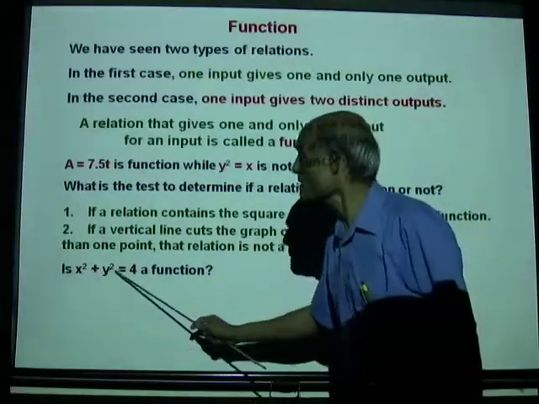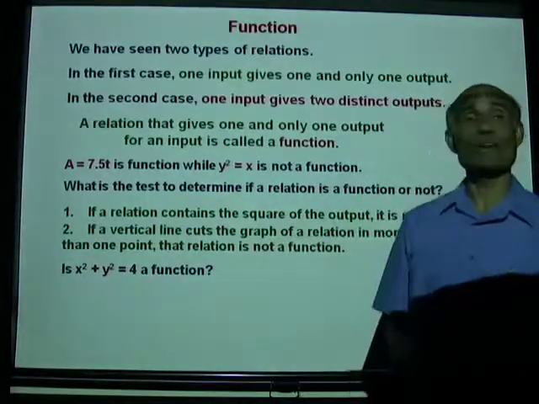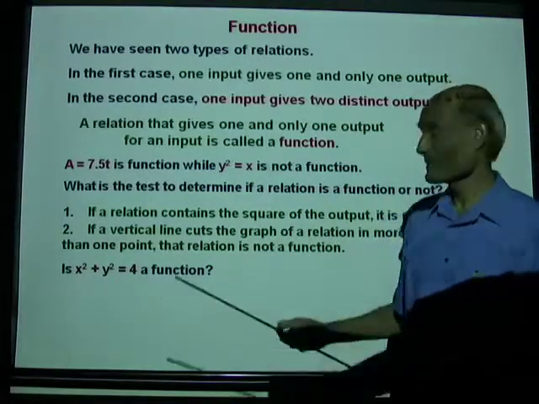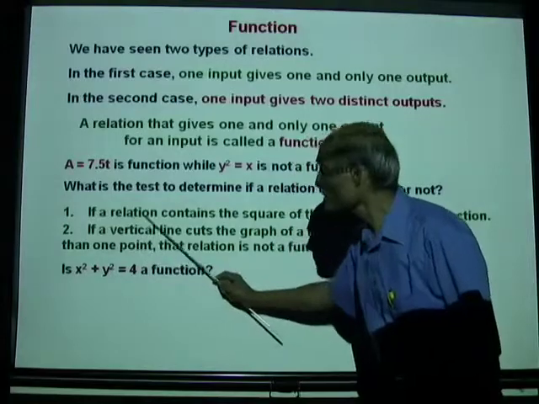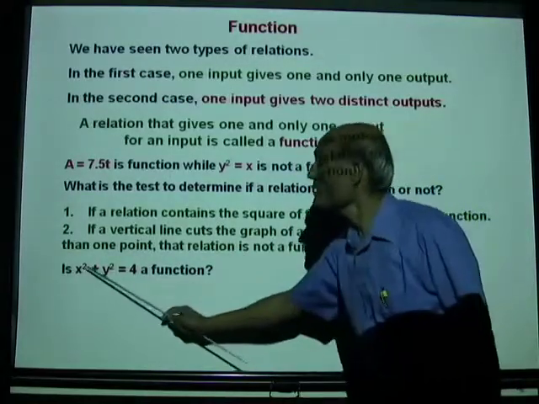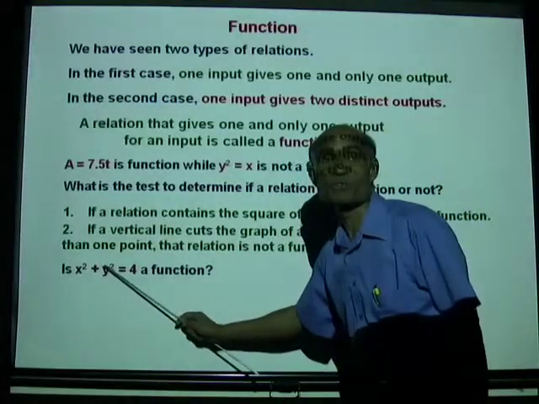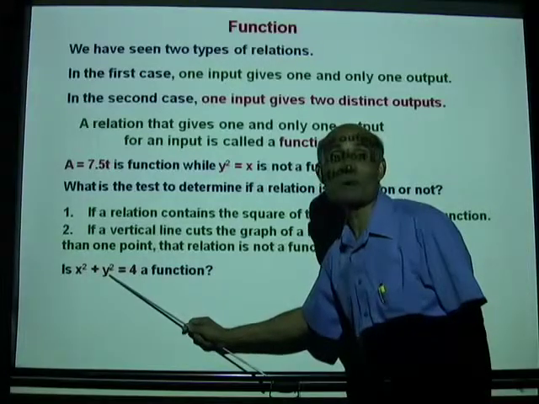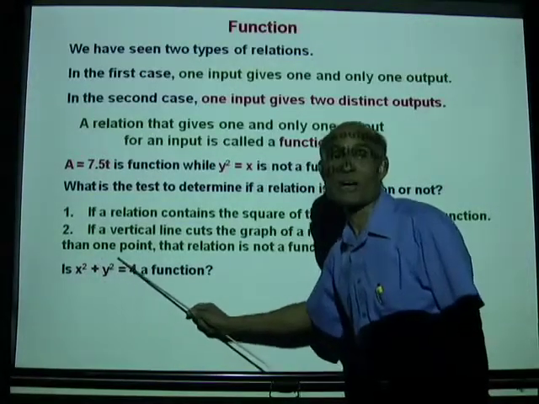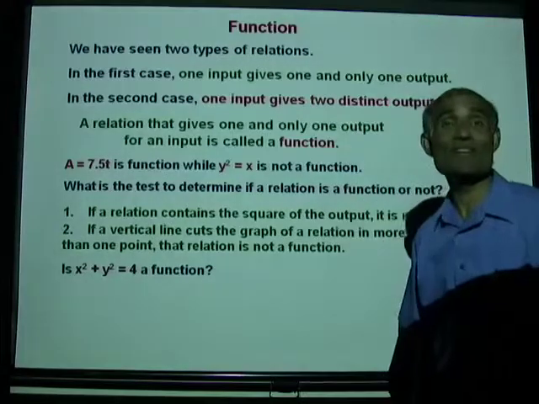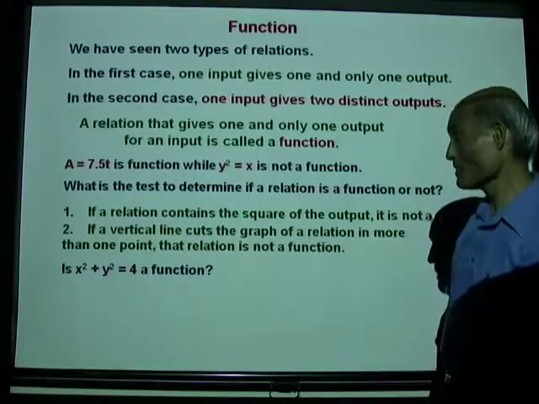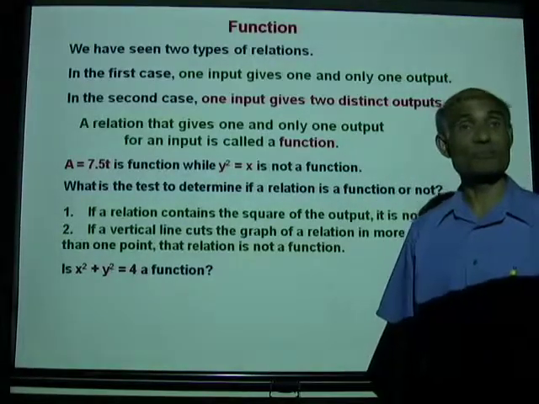Alright, let me ask you then. Is x² + y² = 4 a function? Well, if you look at the first test, if x is the input, then y will be the output. And here you have the square of the output. And therefore you don't expect it to be a function.